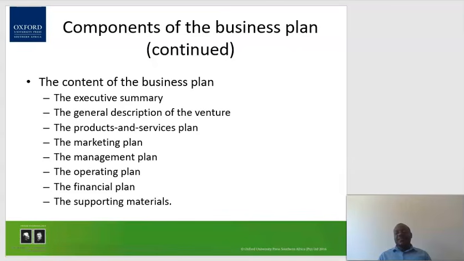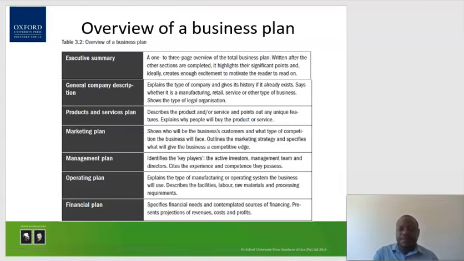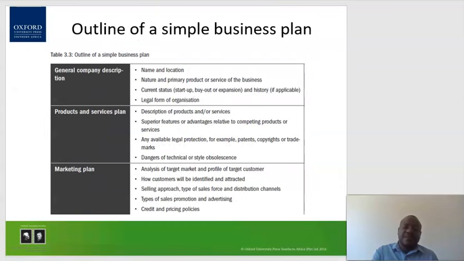We must see their CVs. So supporting materials are actually documents to back what you have said in the business plan. This is basically explaining the components of a business plan and what should be included in those plans.